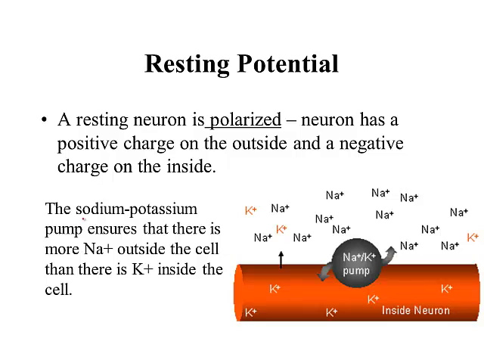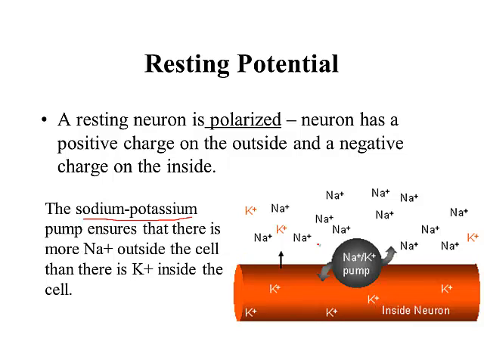This happens because of the actions of the sodium-potassium pump. The sodium-potassium pump actually requires energy, and it ensures that sodium stays outside of the cell, and that you end up with more of these positive sodium ions outside of the cell than you have the positive potassium ions inside.